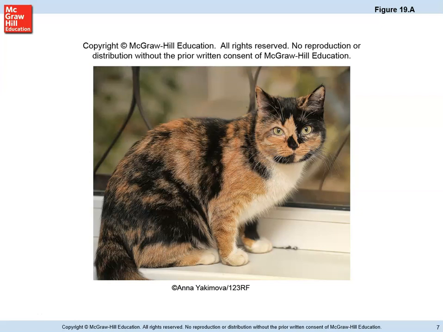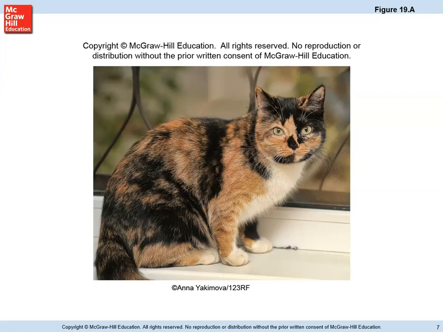So if the mama cat happened to get a black X from one parent and an orange X from the other parent, that cat has the potential to express either one based on which X chromosome is turned off and which X chromosome is turned on in any particular cell. So some areas of this cat, and the book refers to this as being a mosaic or a mixture of possibilities, in some areas of this cat, the X with the orange color gene is turned on and the black gene is turned off.